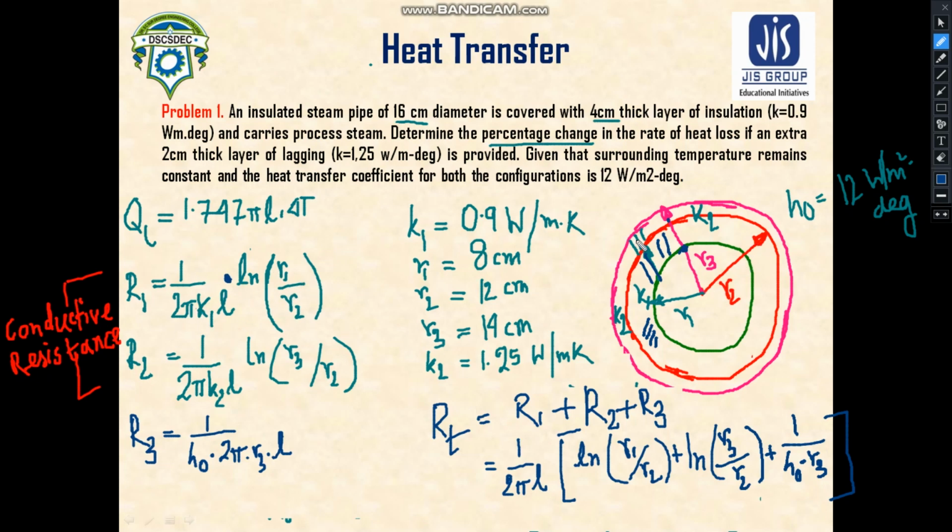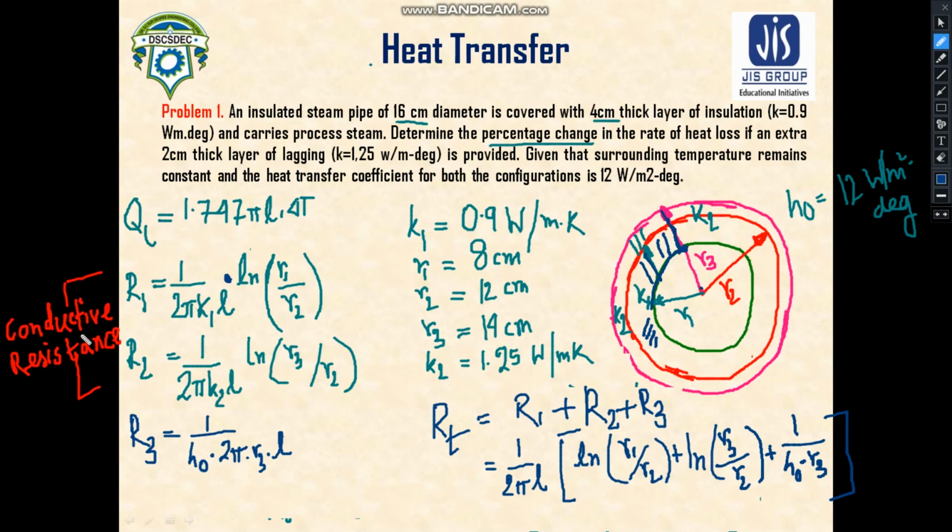And in the second case, when the heat is transferring in this direction, that means if we consider the heat transfer from this layer to this layer, then the conduction thermal resistance can be written like this, because this material has a thermal conductivity of K2.